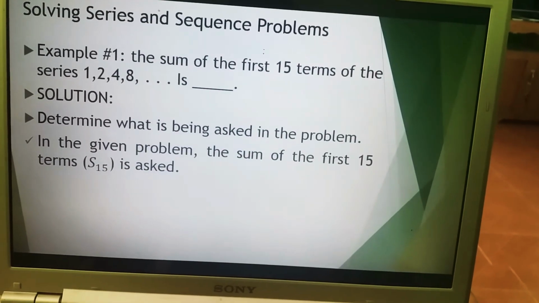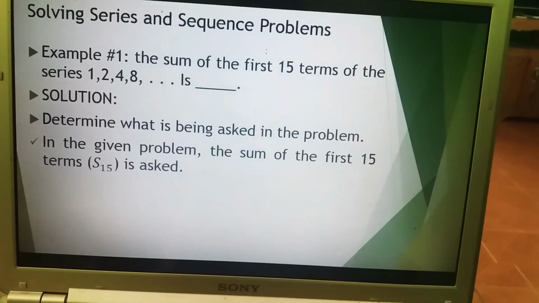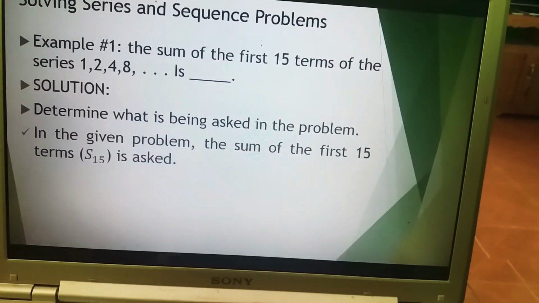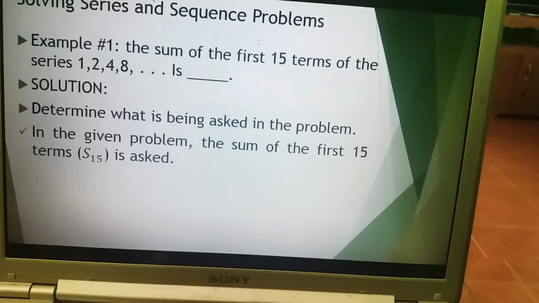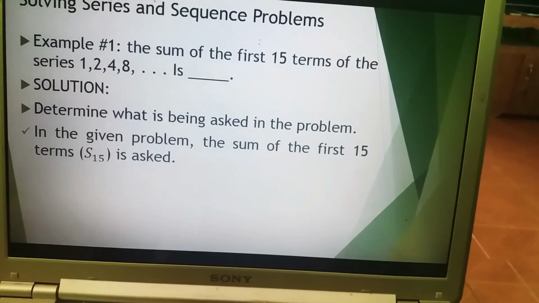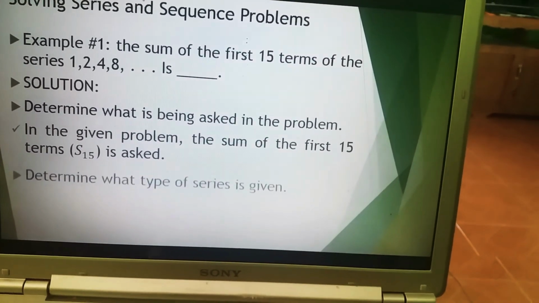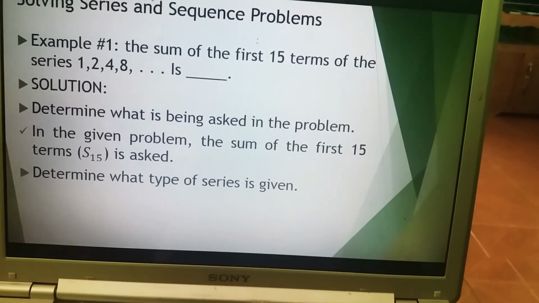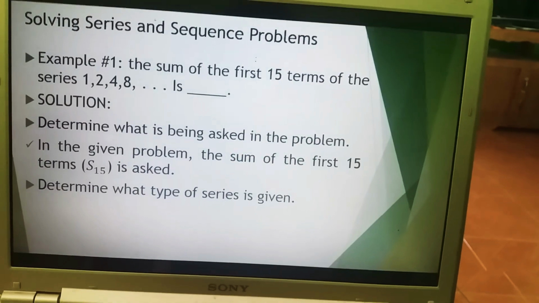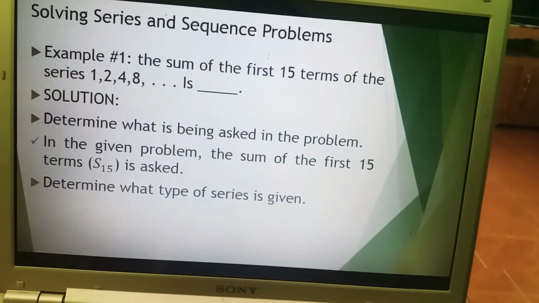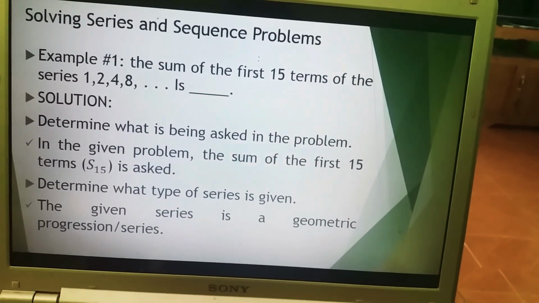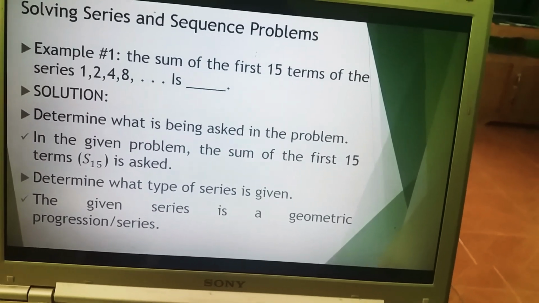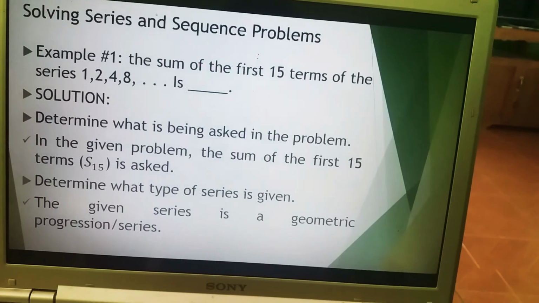In the given problem, the sum of the first 15 terms, or S15. Then next, we are going to determine what type of series is given. Anong type ba ng series yung given? So that is, the given series is a geometric progression or a geometric series.